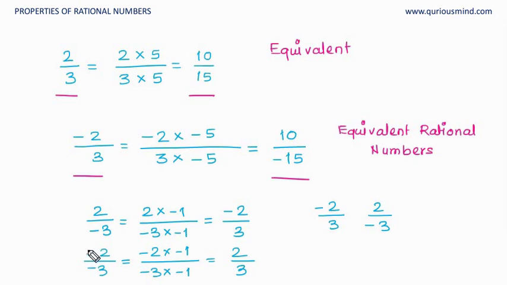And hence minus 2 upon minus 3 was a positive rational number. So equivalent rational number follows the same rules like the fraction. You can multiply or divide both numerator and denominator by the same number to get equivalent rational number. And we'll get introduced to another term called standard form.